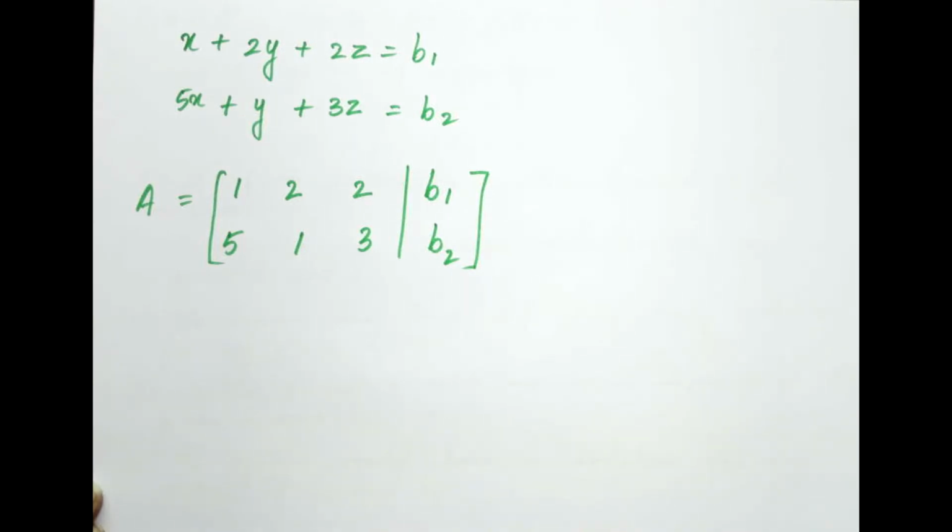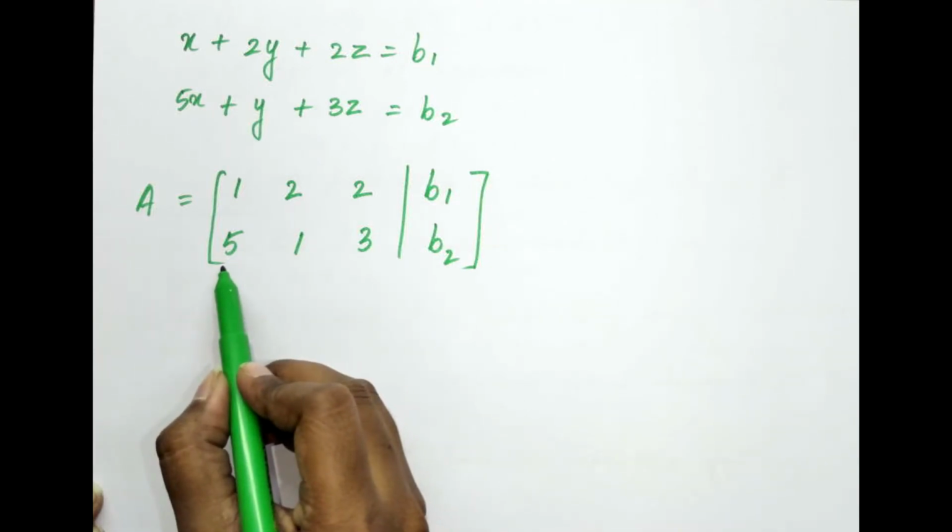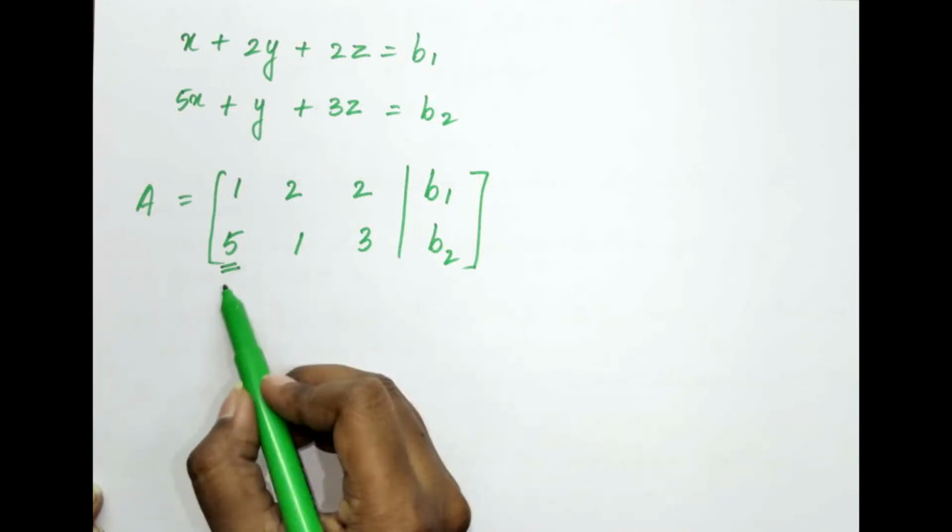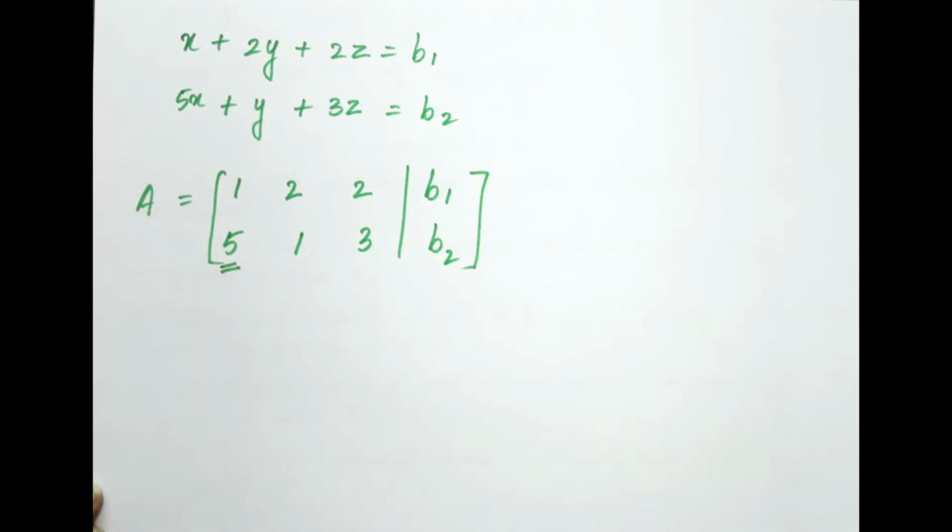Now to find out what type of solutions this system has, we first have to find the rank of this matrix A. Recall, how do we find the rank? We find it by using row and column operations. In this case, let's use a row operation to make the bottom left element 0. Always remember that we start with the bottom left element.